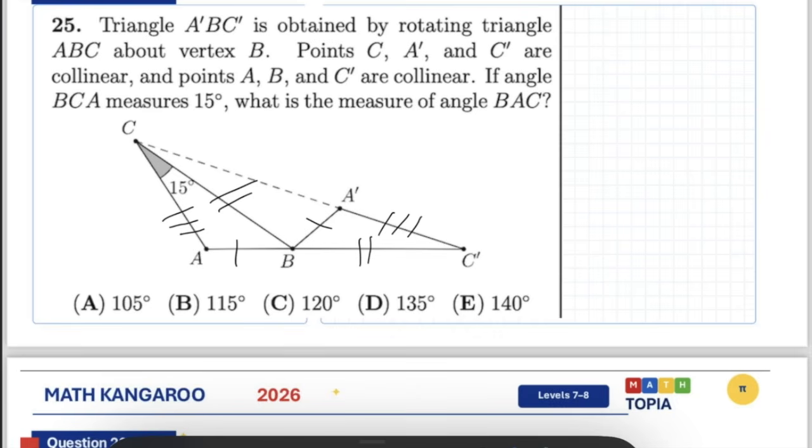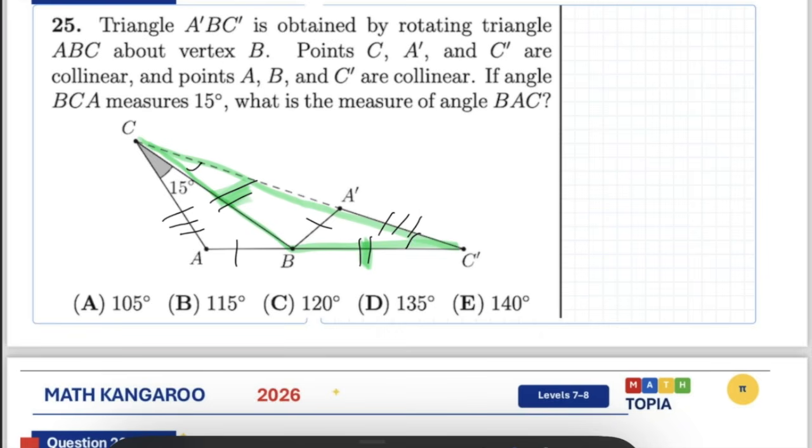So we also notice that triangle CBC prime is an isosceles triangle because these two sides are equal. This means that this angle is too.